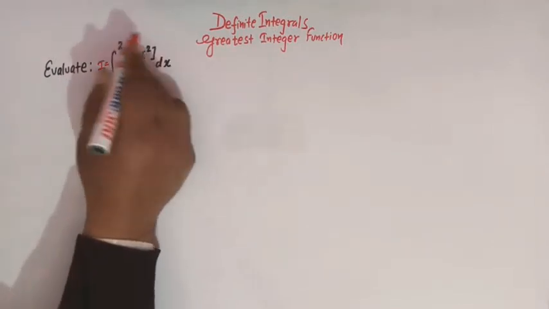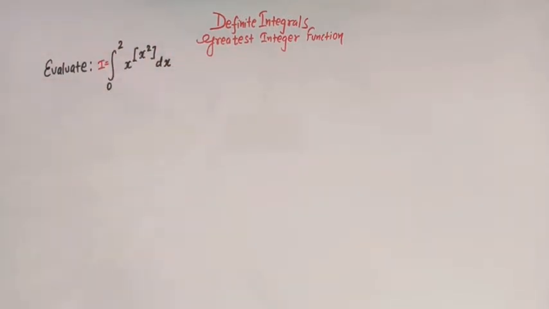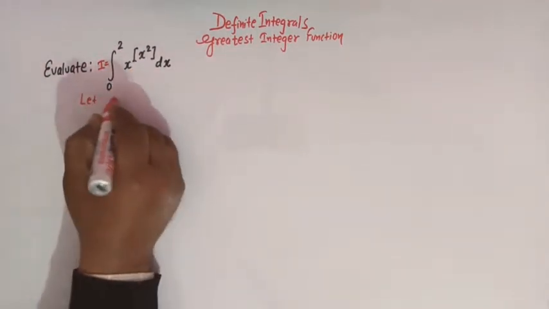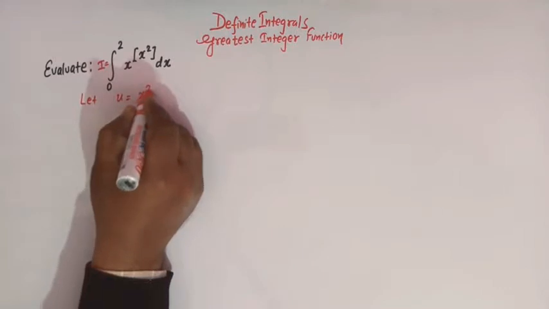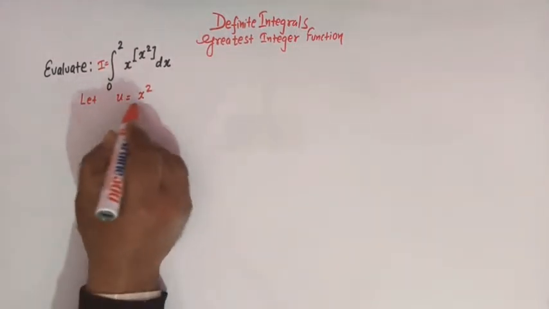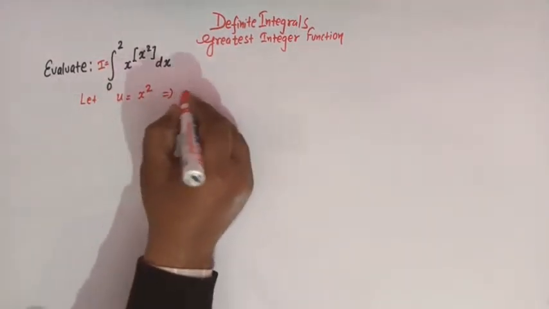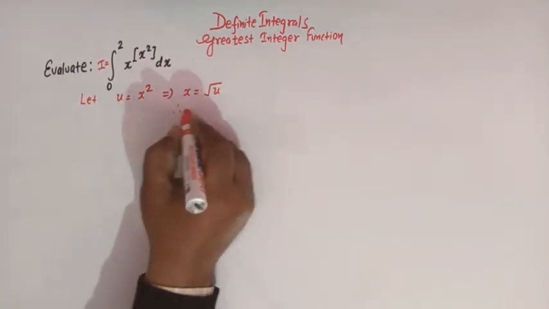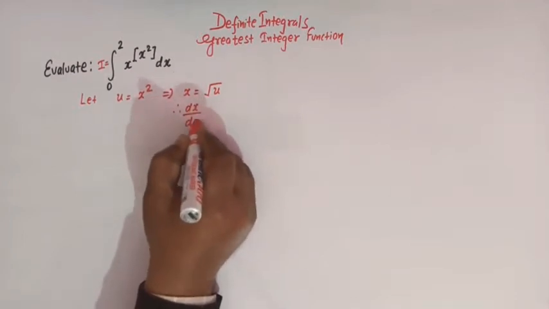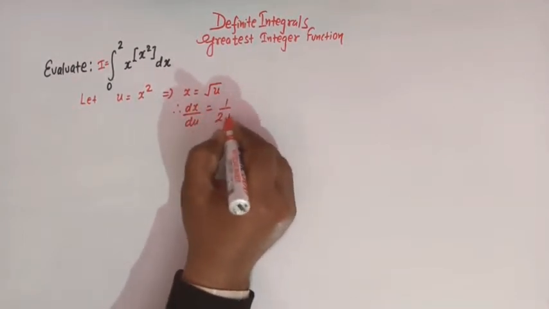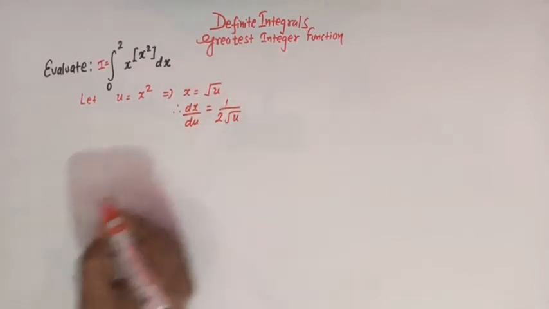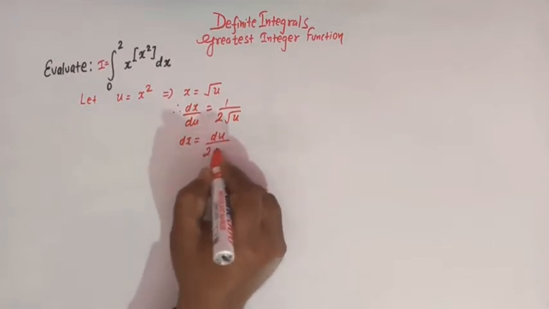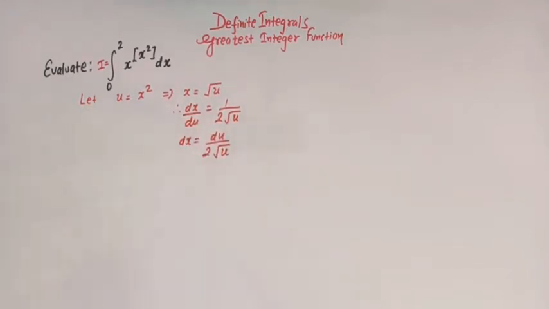Now here we will make use of the method of substitution, and let us put u equal to x square. So when u is equal to x square, then x is equal to square root of u. Therefore dx over du is 1 over 2 square root of u, and dx is equal to du over 2 times square root of u.